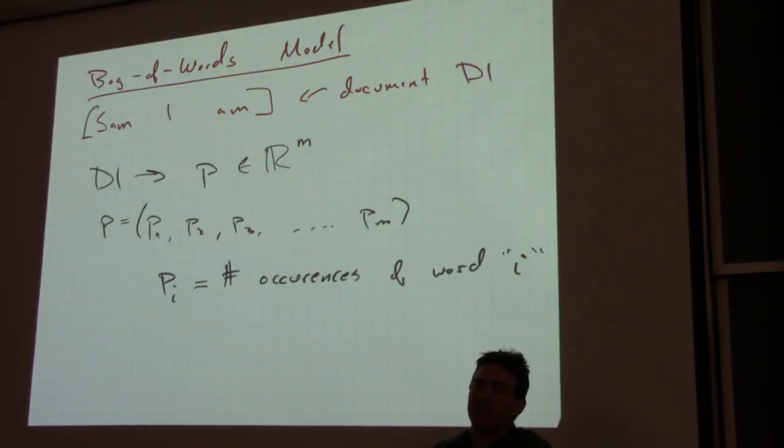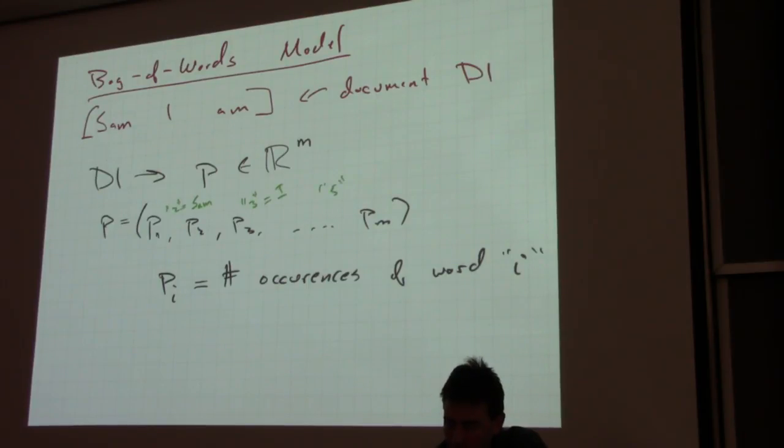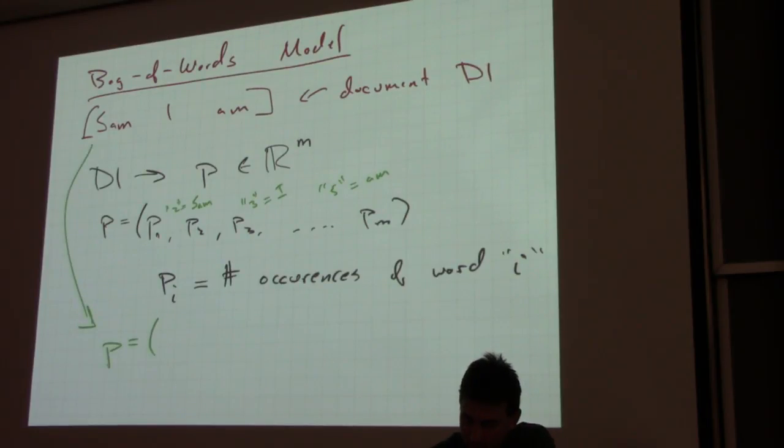I might restrict to some uncommon words that maybe I don't keep track of. But I could think of P2 as Sam, 3 equals I, and say 5 equals am.